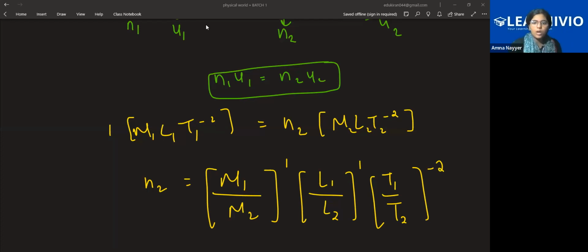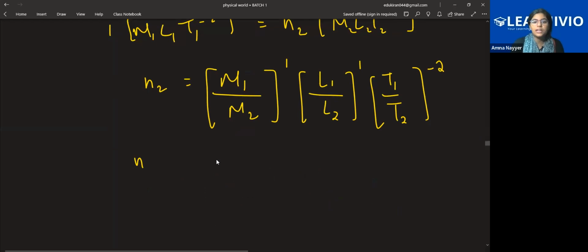Now see, in the first system of unit, we have to write down the actual numbers. M1, L1, T1 are the first system of unit, the SI system, so we will write their actual values. 1 kg is the mass in the SI system, divided by 1 gram in the CGS system.